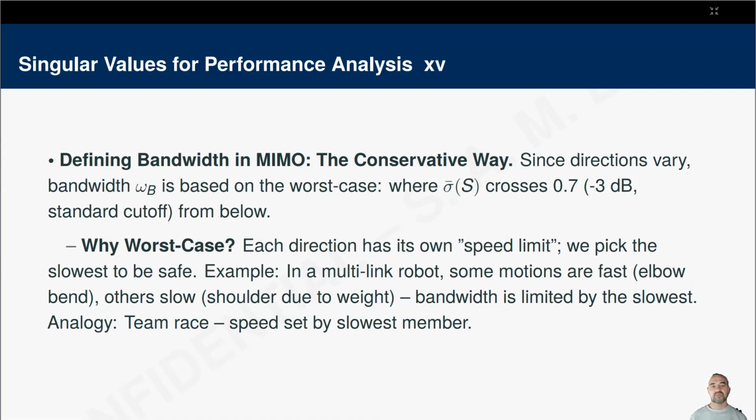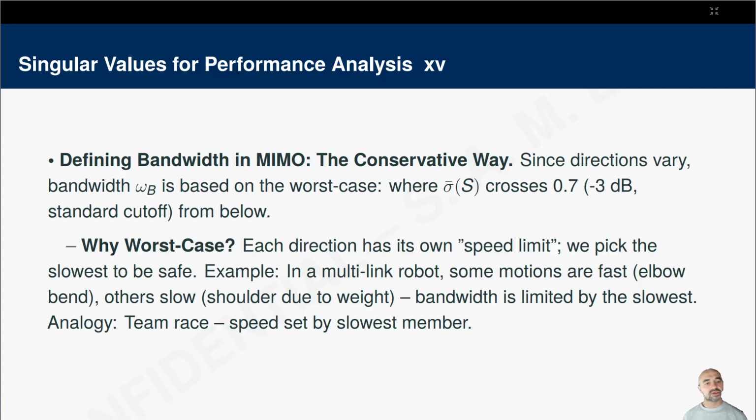So now let's define the bandwidth in MIMO the conservative way. Since directions vary, bandwidth is based on the worst case, where sigma bar crosses 0.7, the cutoff frequency you saw in SISO.